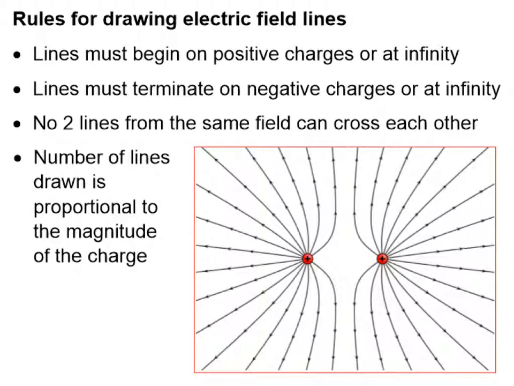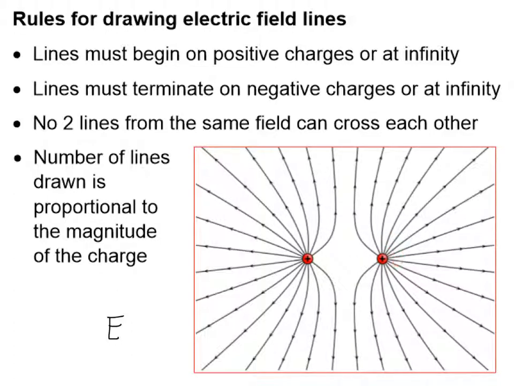By convention, they are also drawn so that the electric field vector, E, remember our electric field vector, is tangent to the lines at each point. And the number of lines drawn is proportional to the magnitude of the charge. Also, where E is stronger, the field lines are very close together.